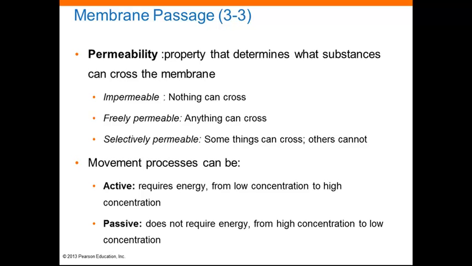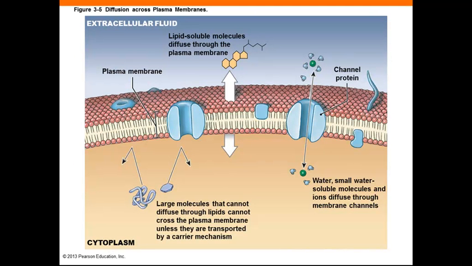Typically, ATP is going to be burned in an active movement process. And there's two types of passive processes, which are diffusion and filtration and osmosis. So osmosis is actually a type of diffusion. So let's take a look at those different processes. And we'll look at those in a moment.